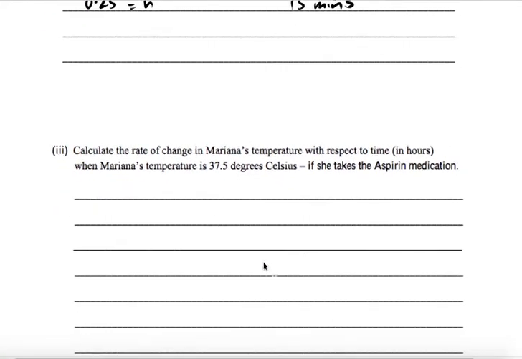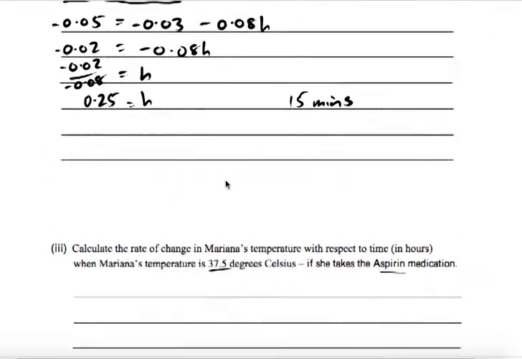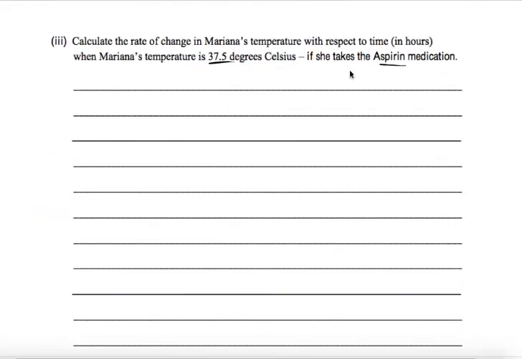So the next one, the rate of change with respect to time, and Mariana's temperature is 37.5. Calculate the rate of change if she takes the aspirin medication. So the temperature has to be 37.5. So let's go to this one here. She takes the aspirin.